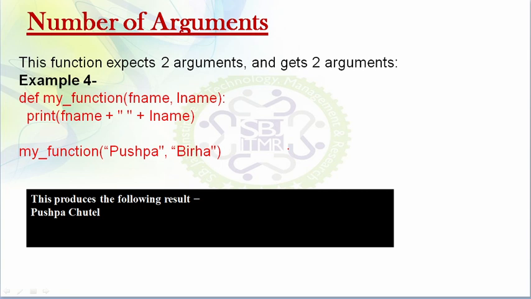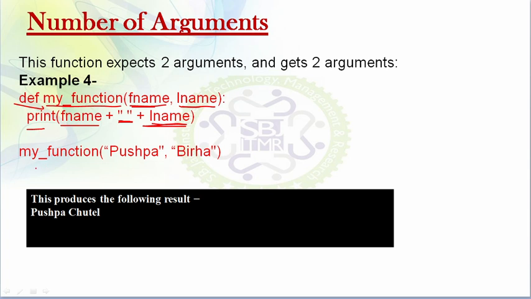Here I am having one function. I have defined it with the def keyword. The name of the function is my function, and it is taking two arguments, fname and lname, that is the first name and the last name. Now I am printing the first name, then I have concatenated it with a blank space, and after that I am writing the last name.